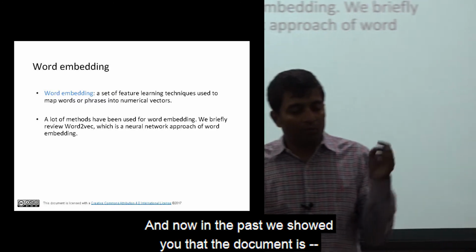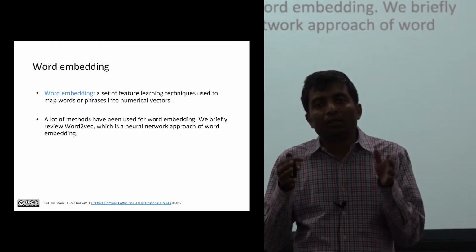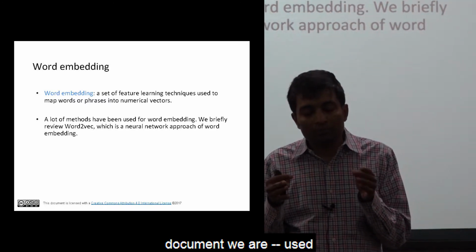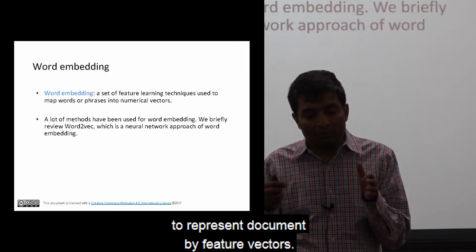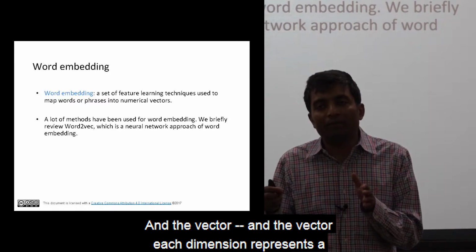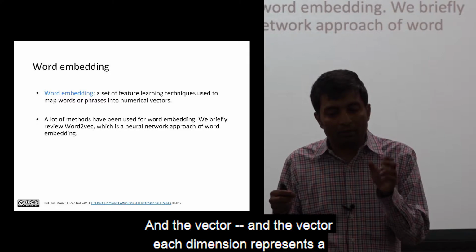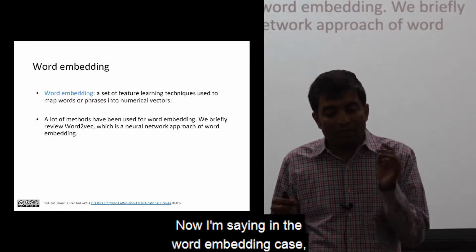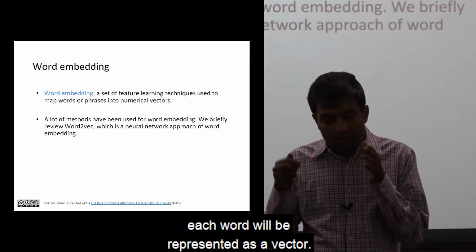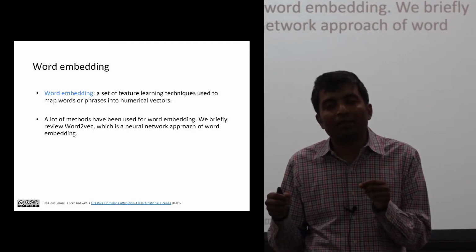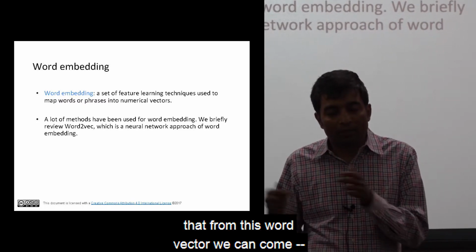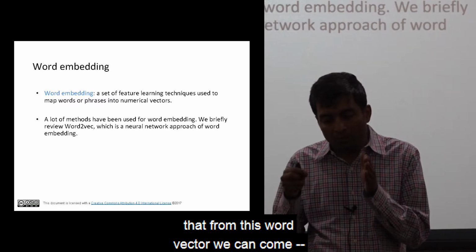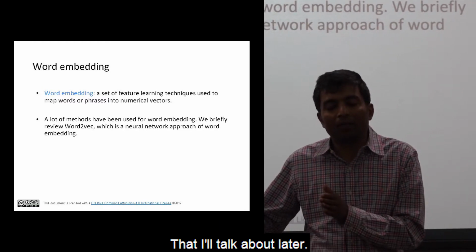Recall that each document consists of a set of words. In the past we represented a document by feature vectors, and in that vector each dimension represents a keyword. Now I am saying in the word embedding case, each word will be represented as a vector, and later I will show you how from these word vectors we can come up with a document vector.